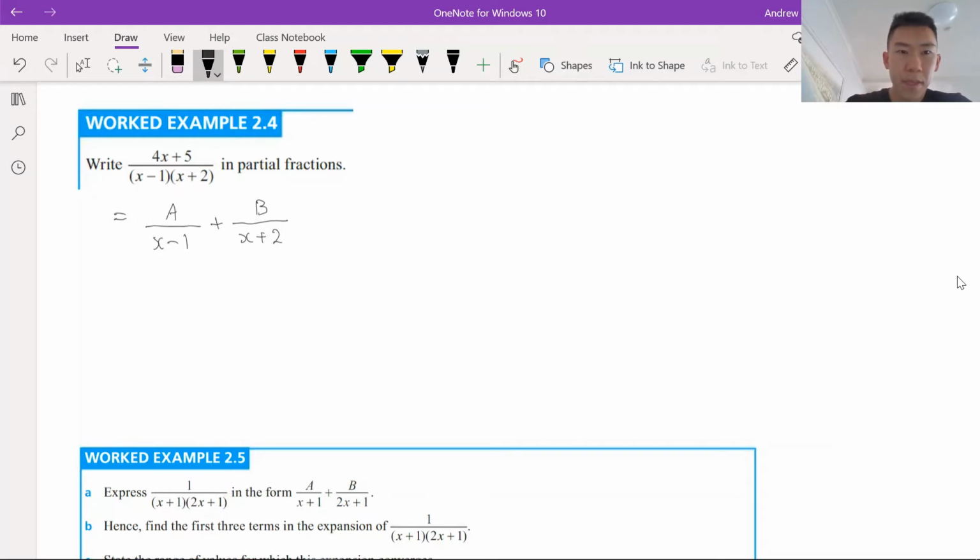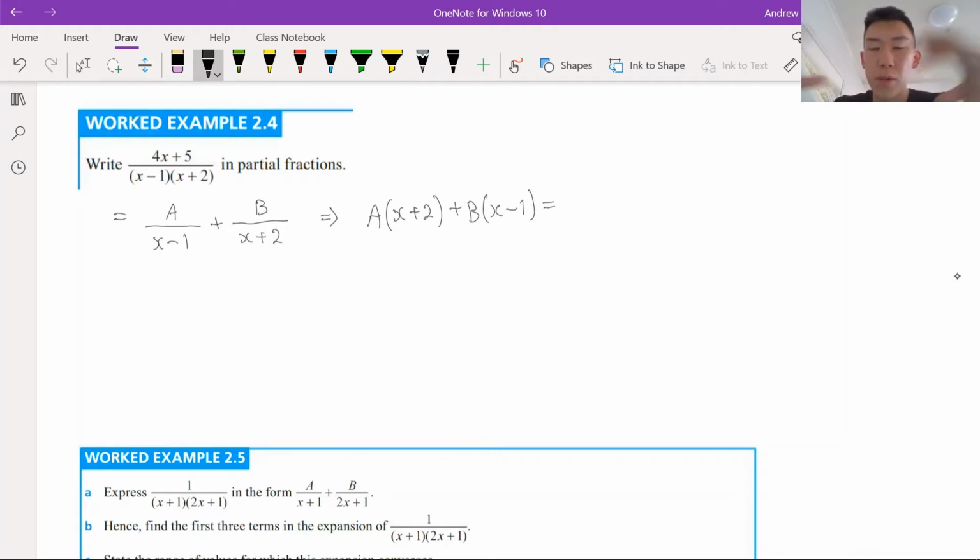Now, if we compare the two forms, let's imagine that using what we've written here, we've put the fraction back together, or rewritten the fraction as a single fraction again. Then we would get something like this: A outside of (x + 2) plus B outside of (x - 1).